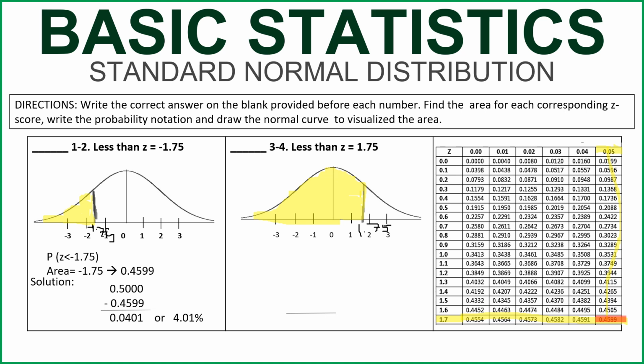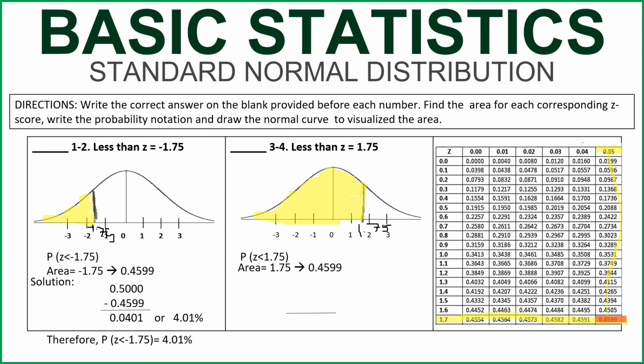Anyways, so the probability notation is still less than. So we have P where Z is less than 1.75. Therefore, the area of that is still 0.4599. So it doesn't matter if it's negative or positive. In the Z table, they have the same area.